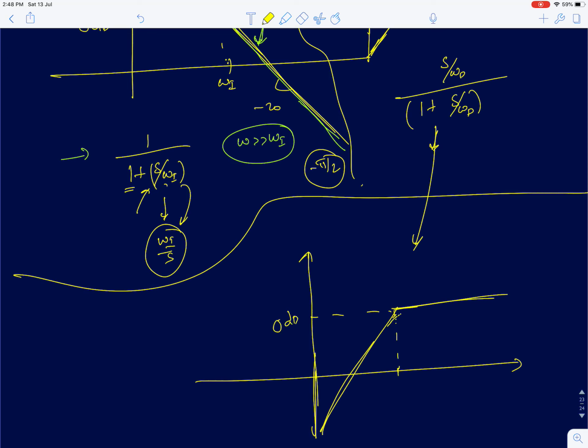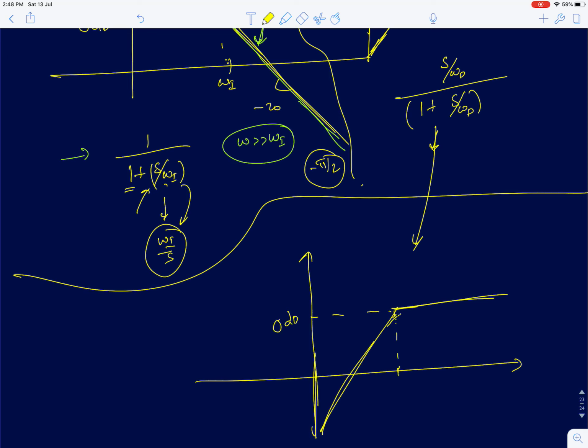Okay, so a simple first order high pass filter and an ideal differentiator are indistinguishable for frequencies much less than omega d. Where the differentiating frequency omega d is the point where the differentiator gain is 1, and if I construct a similar single pole system, a first order high pass filter with a pole at omega d, they both will have similar responses for frequencies much less than omega d.